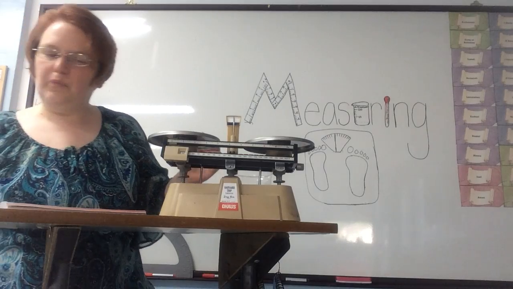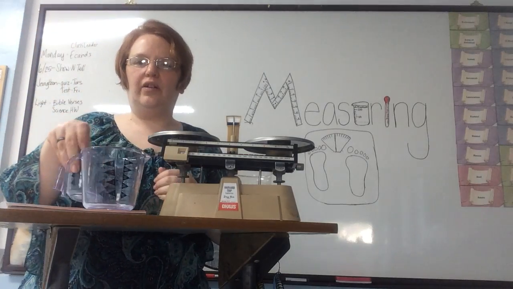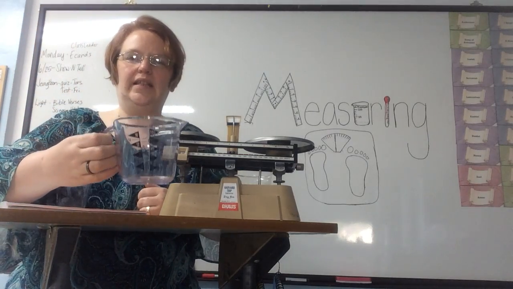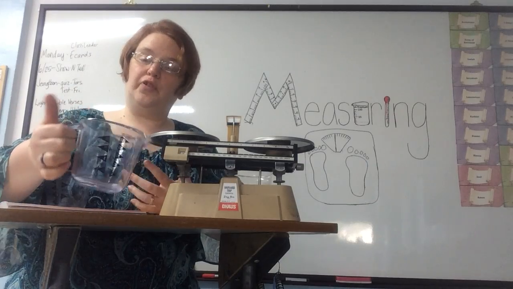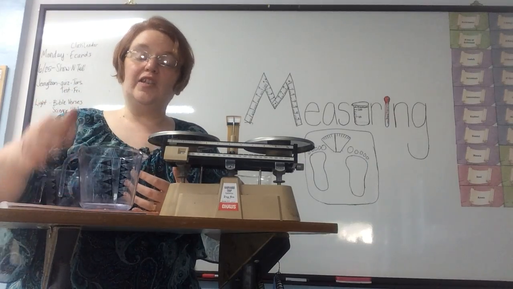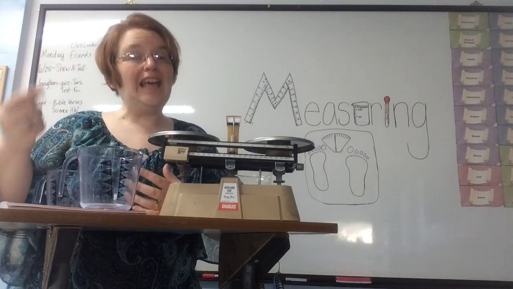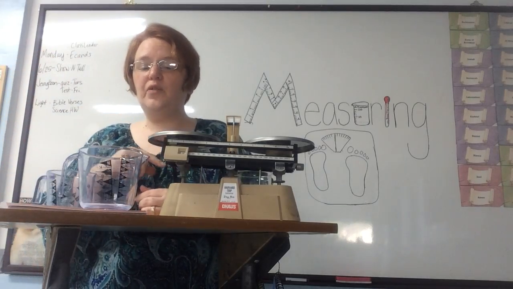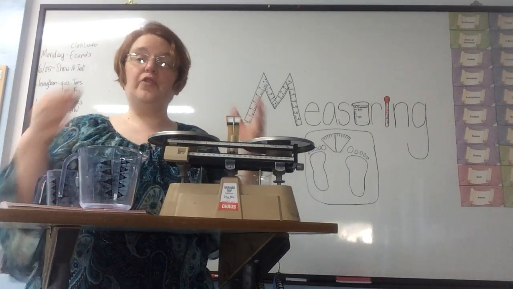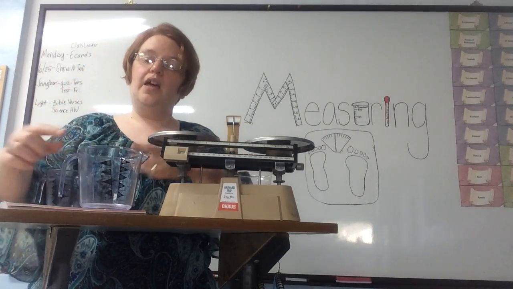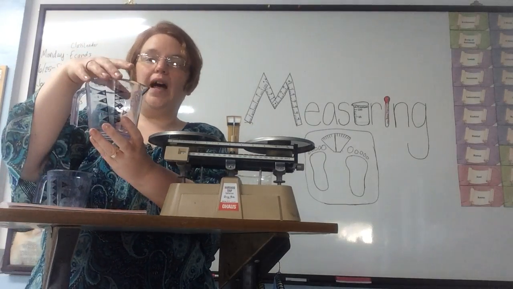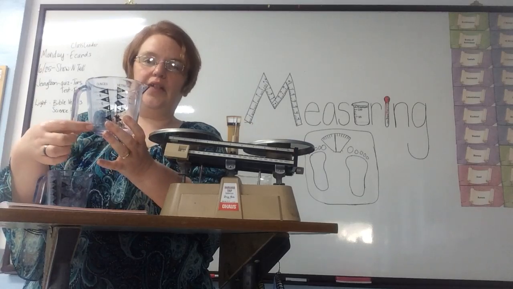Something that you might be familiar with that's almost like a beaker. Maybe mom has something like this in her kitchen that she uses for cooking. This is what we call a graduated container. That's different from the other one because of its shape. The first one was straight up and down. But this one is wide at the top and narrow at the bottom.